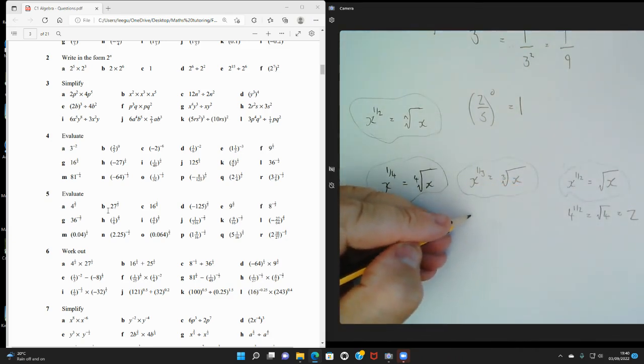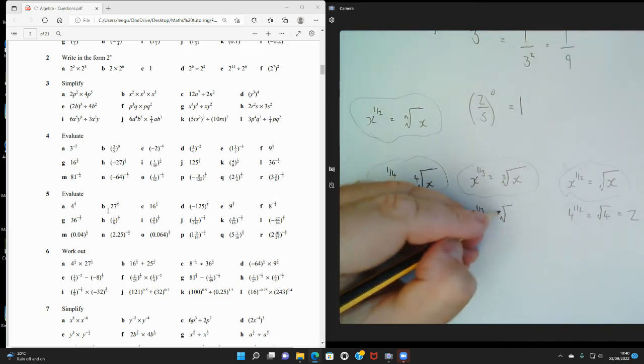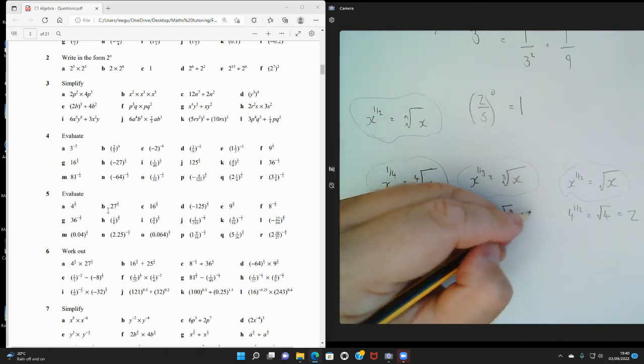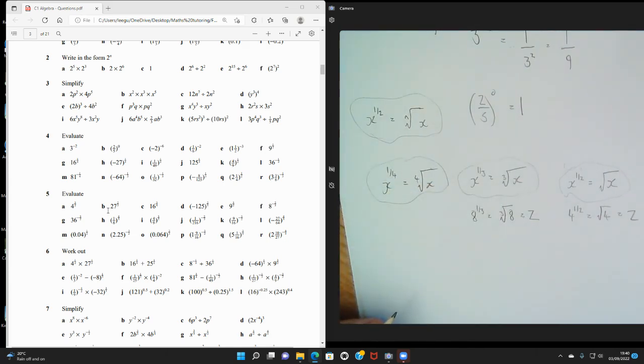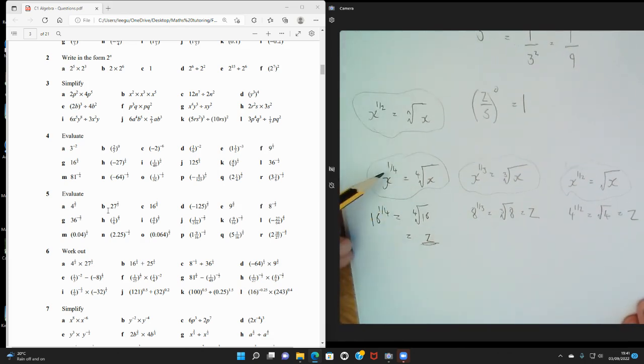If I had 8 to the power of a third, that would be the cube root of 8, which in turn would also be 2. If I had 16 to the power of a quarter, then that would be the fourth root of 16, which would also be 2 as well. Okay, so that's just a little introduction to these quarter, third, and half, okay, what they actually mean.